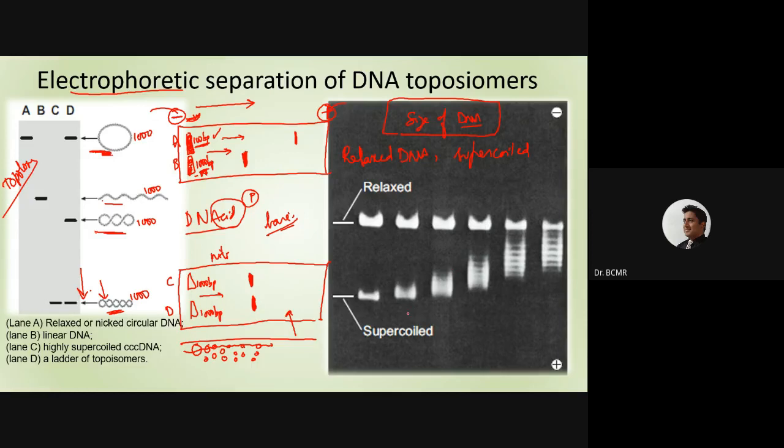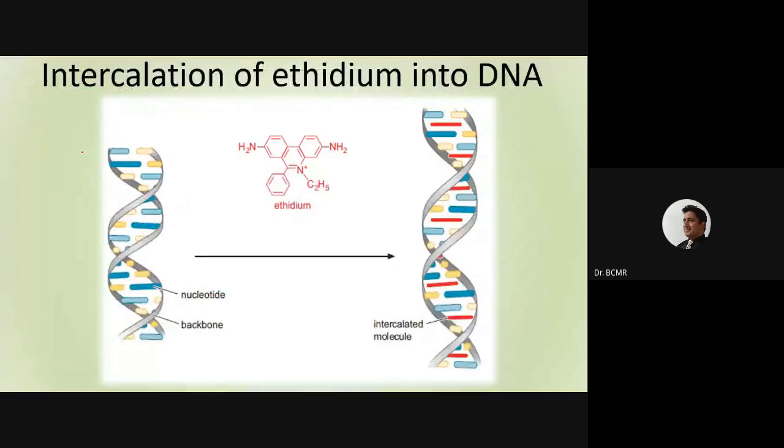Here is a nice experiment where you treat the sample with topoisomerases, which I said I will discuss later in the next class. I would want you to first have a look at the animations. I hope you understood electrophoresis. We will continue it in the next class with ethidium bromide.